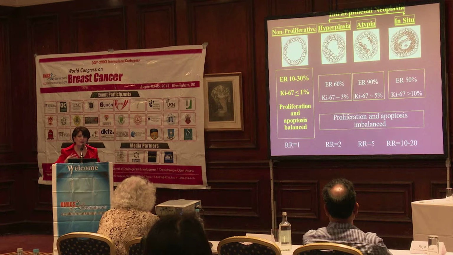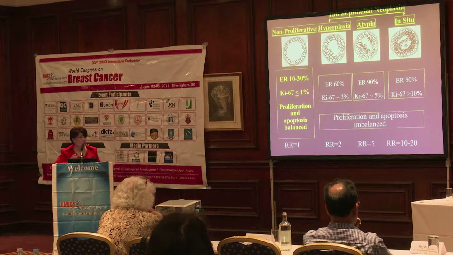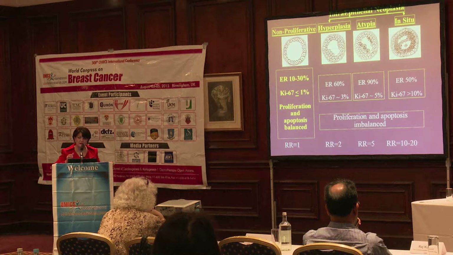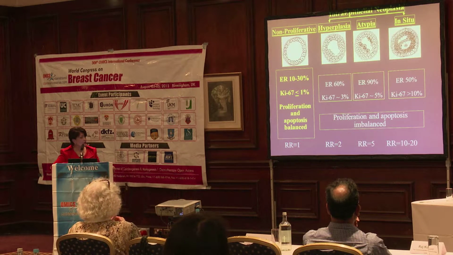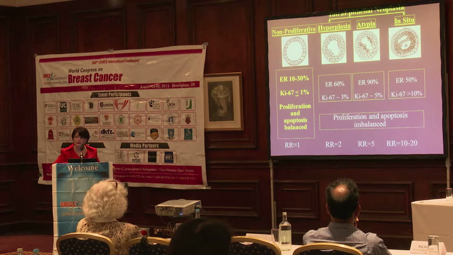This progression also depends on the balance between proliferation, which is the degree to which cells proliferate and double themselves, and apoptosis, which is the degree of cell death and individual cell necrosis. Therefore, there is also a balance between estrogen receptor and Ki67, which is a reflection of proliferation.